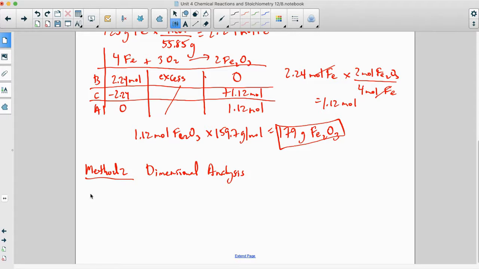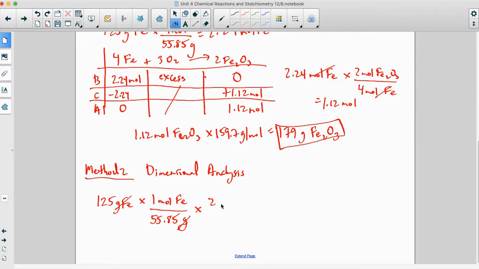So what I can do is I can start off with the amount they give me, which is the 125 grams of Fe. I convert this to my moles. Okay, we're always going to go to moles first because, right, the only way to get from one thing to another is through the balanced reaction, and that reaction gives us mole ratios.